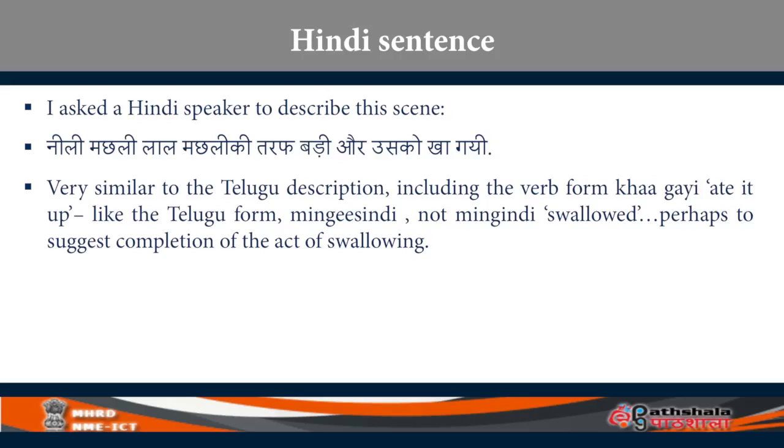So why didn't I say mingindi? You can say mingindi, but I said mingesindi. Similarly, the Hindi speaker said kha gai, right? It's almost as if we want you to know that I have observed that the act of swallowing is over. Completion of the act of swallowing, I decided to bring it into my sentence production, right?